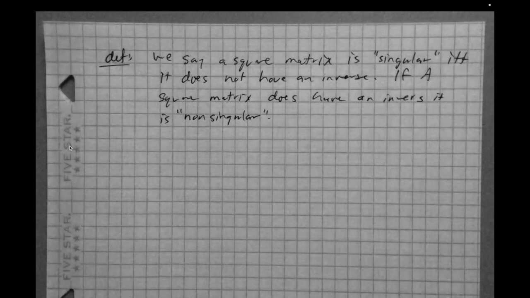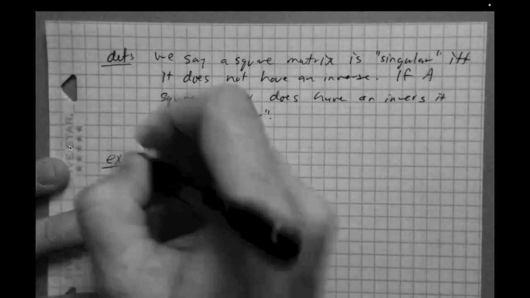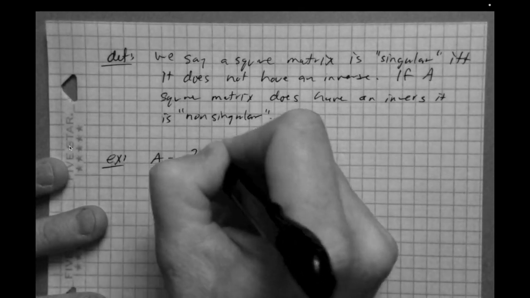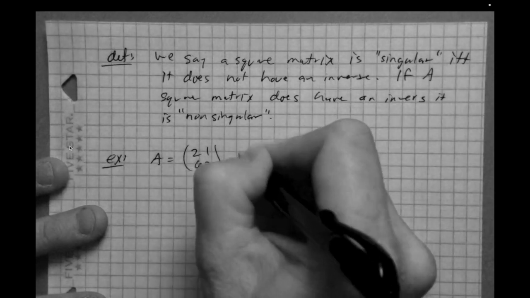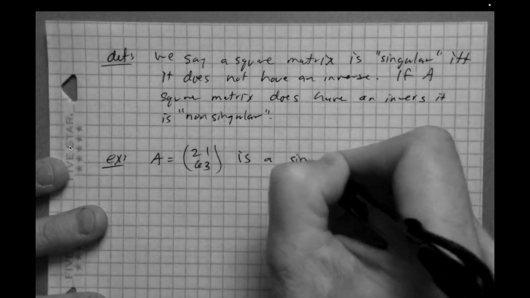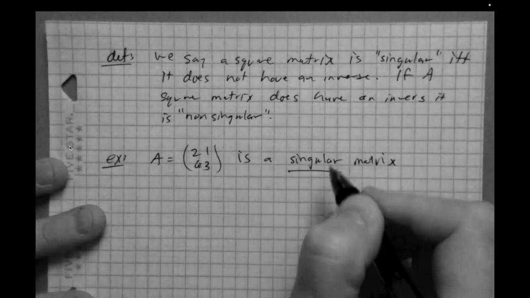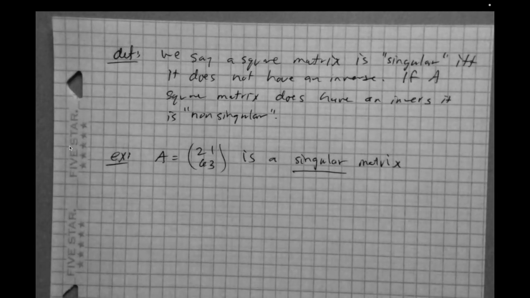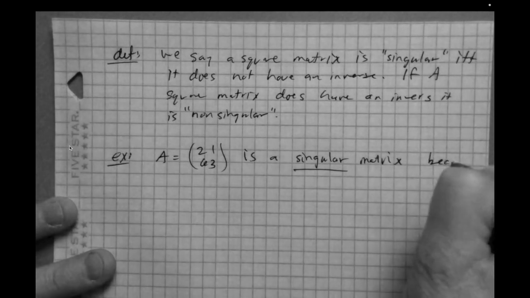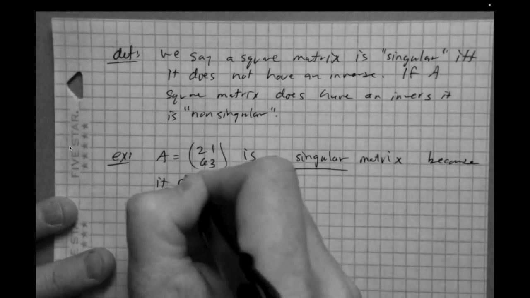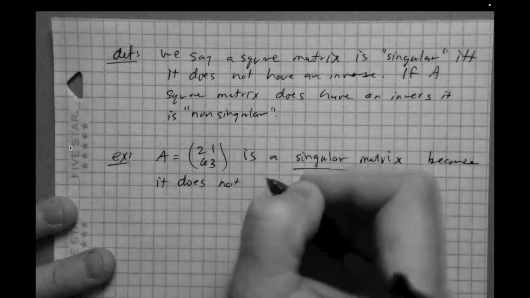There are examples of matrices, however, that are singular. We just saw one. Our previous example, A equal to 2, 1, 6, 3, is a singular matrix, because it does not have an inverse.